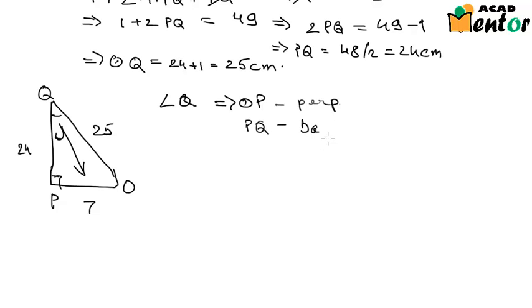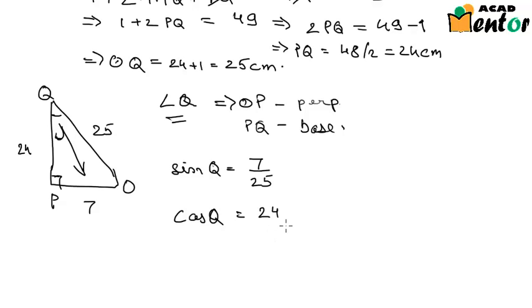PQ is the base. So for angle Q, we will find out all the 6 ratios, that is sine of Q, which is perpendicular by hypotenuse, or 7 by 25. Then cos of Q is base by hypotenuse, which is PQ by OQ, that is 24 by 25.